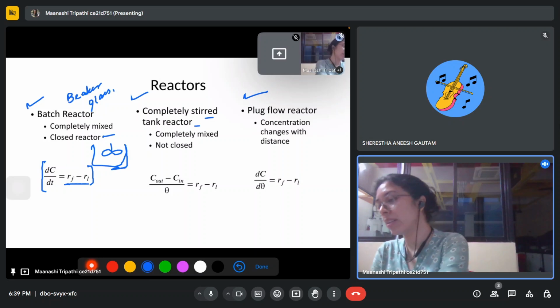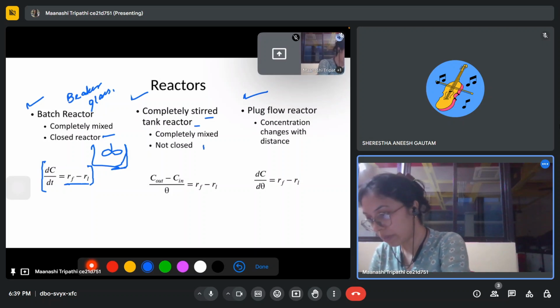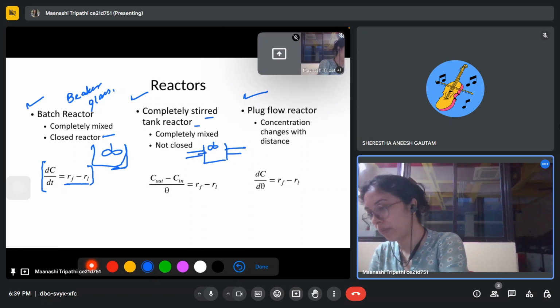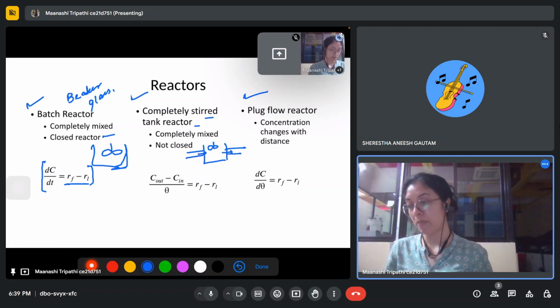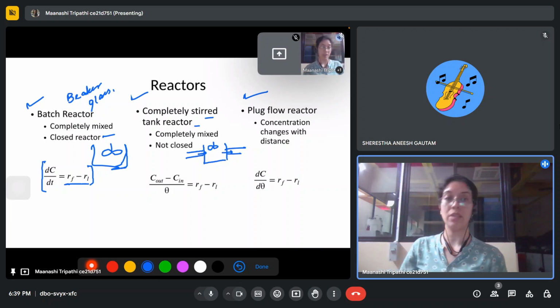The next reactor is the completely stirred tank reactor. It is similar to the batch reactor, completely mixed, but there is always some incoming and outgoing flow. So this is the completely stirred tank reactor.